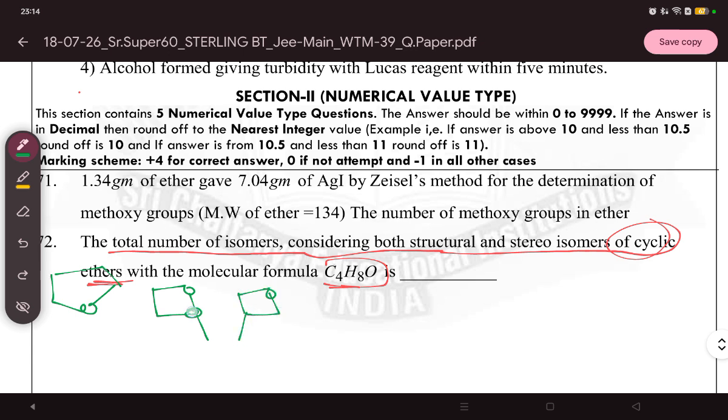Here it has one chiral center, then totally 2 to the power 1, that is 2 compounds are produced. One is dextro and another one is levo, and for this structure only one is present. It has no chiral center, and it has only one structure.